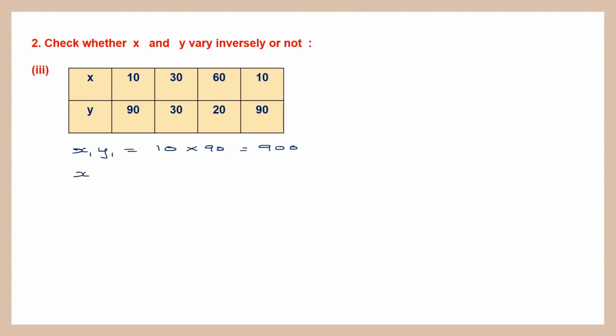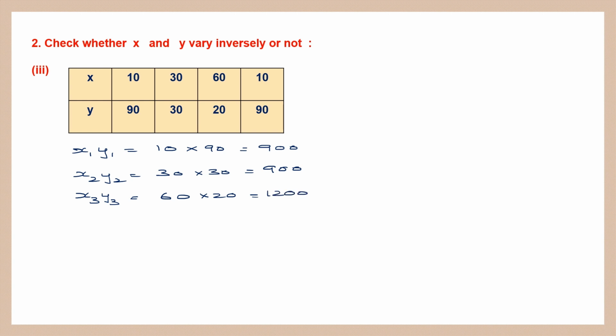Let's take x2, y2. That is 30 into 30. 3 threes are 9. Add the two zeros. This is also 900. x3, y3 is 60 into 20. 6 twos are 12 and add the two zeros.